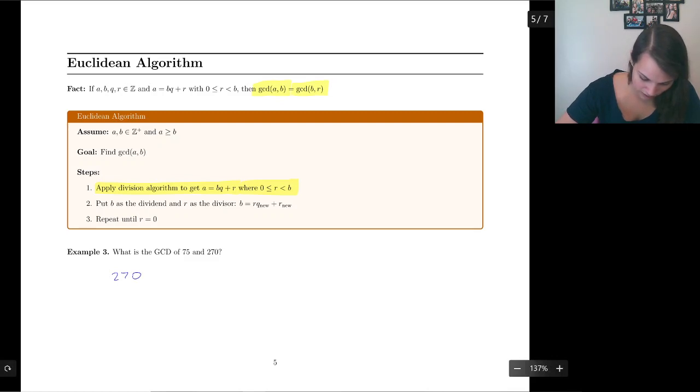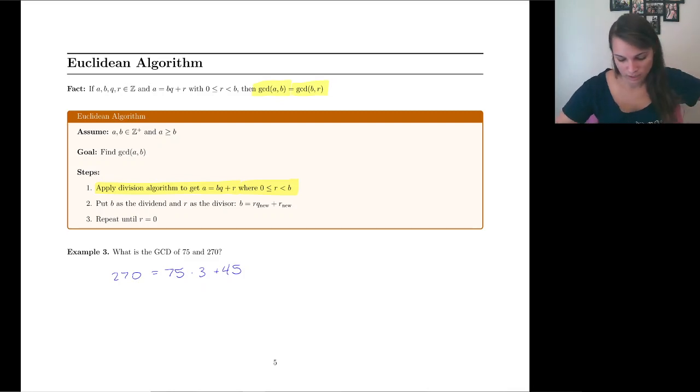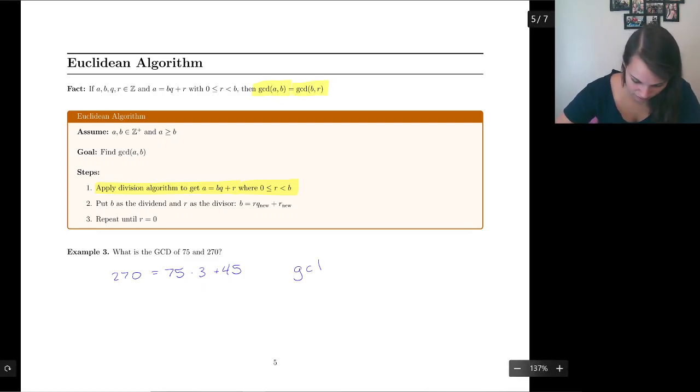So then we could say that 270 equals 75 times 3 plus 45. That means that the GCD of 270 and 75 is going to be equal to the GCD of 75 and 45.